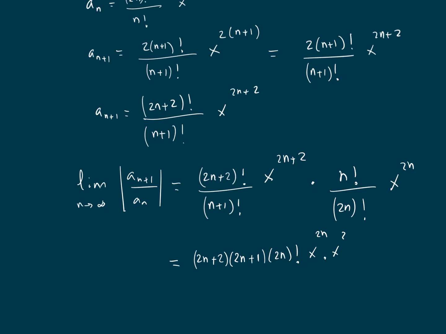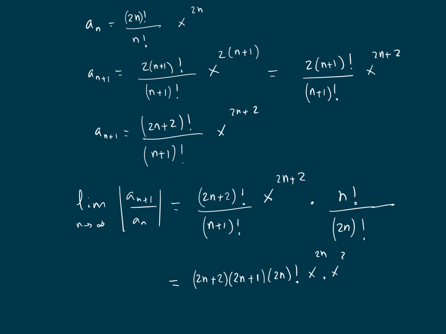Just a moment. When I divide by x to the n, a sub n is here, so the x sub n, x to the a sub n, a sub n have the term a to the 2n here, n factorial, 2n factorial.